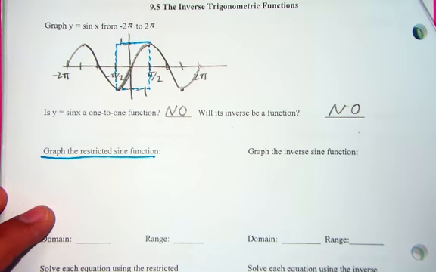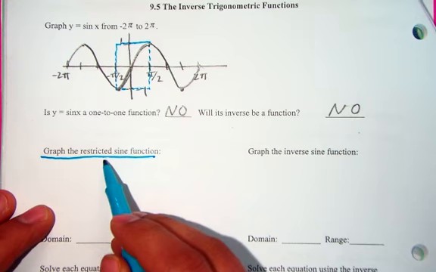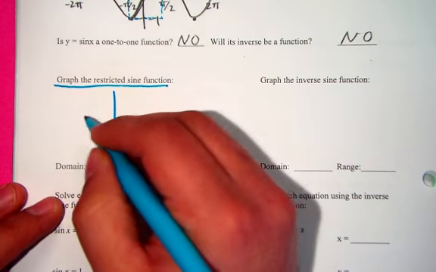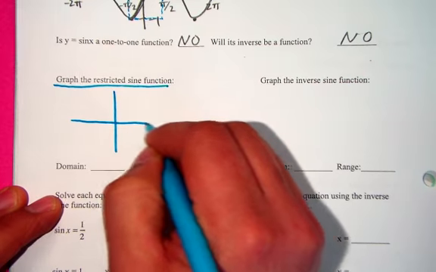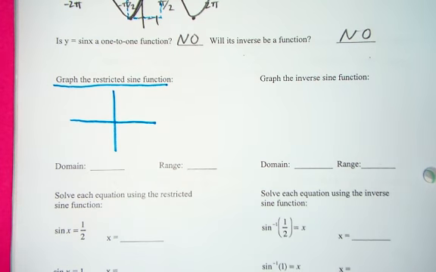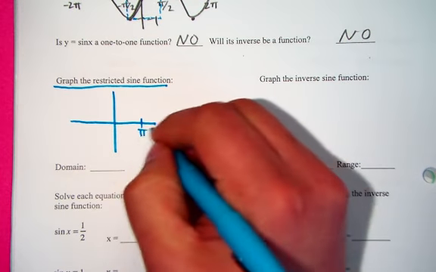Okay? This part of the sine graph is called the restricted sine graph, the restricted sine function. So I'm going to very carefully draw just this part of the sine graph because you're going to have to know a lot of details about it. So we're going to go to pi over 2.